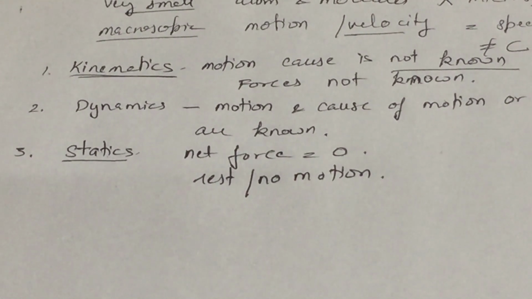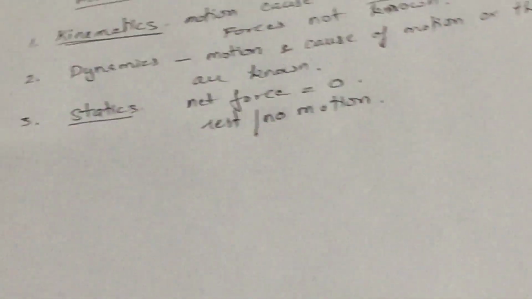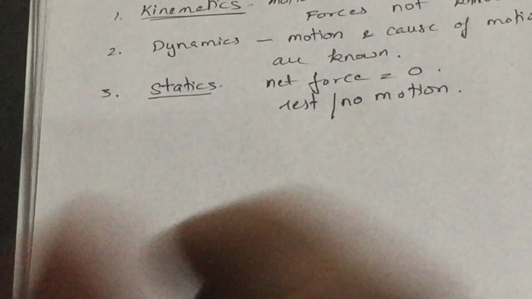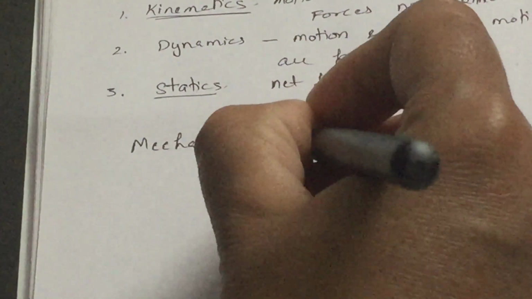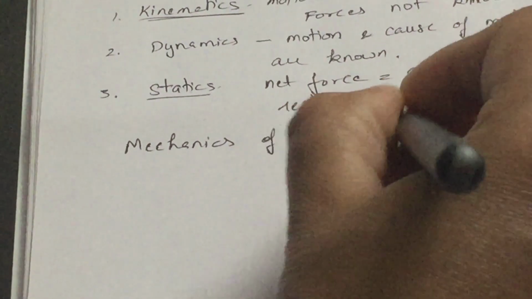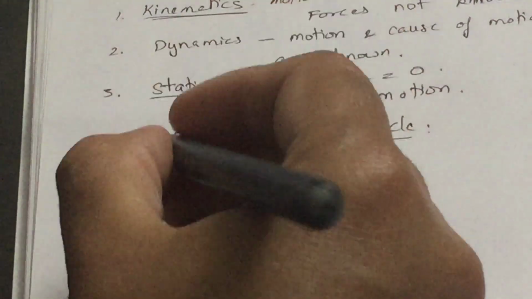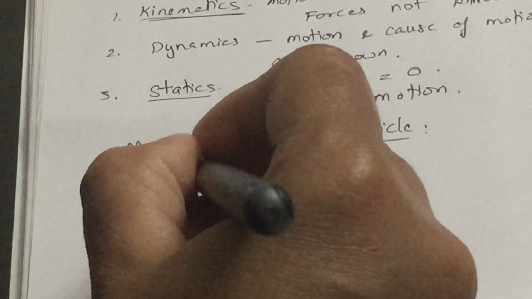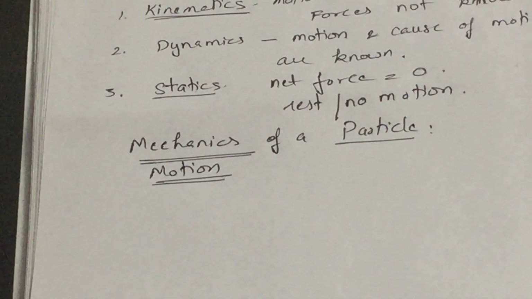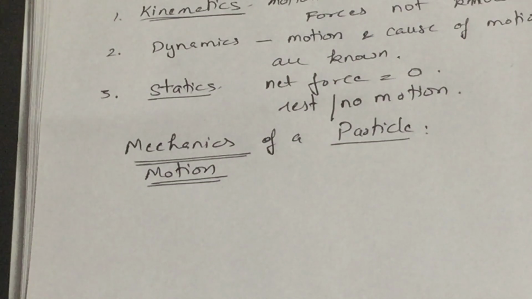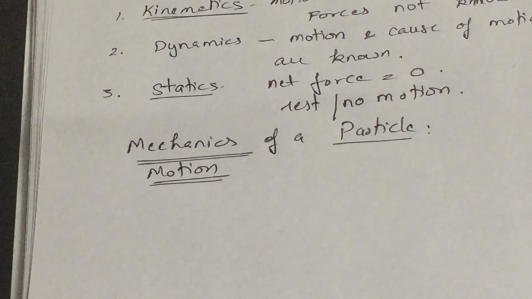Now we will study the mechanics of a particle. In mechanics of a particle, we deal with many physical quantities, as the title of our discussion shows. It means we are dealing with the motion of the particle. If the particle is in motion, there are many physical quantities behind it.